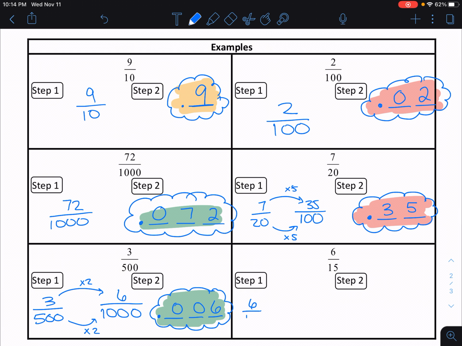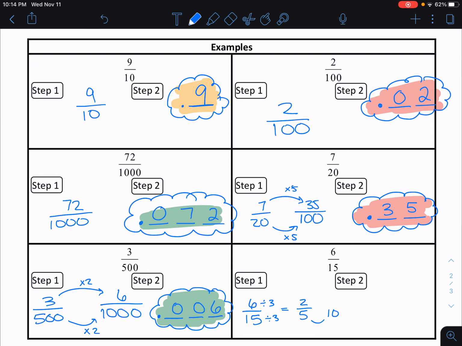For 6 out of 15, there's no easy way to get from 15 to 10 to 100 to 1,000. So I'm going to simplify first. These have a 3 in common. So I get 2 out of 5. Now for this one, I can get to 10. I don't have to go all the way to 100. If I do, I'm going to get the same answer.